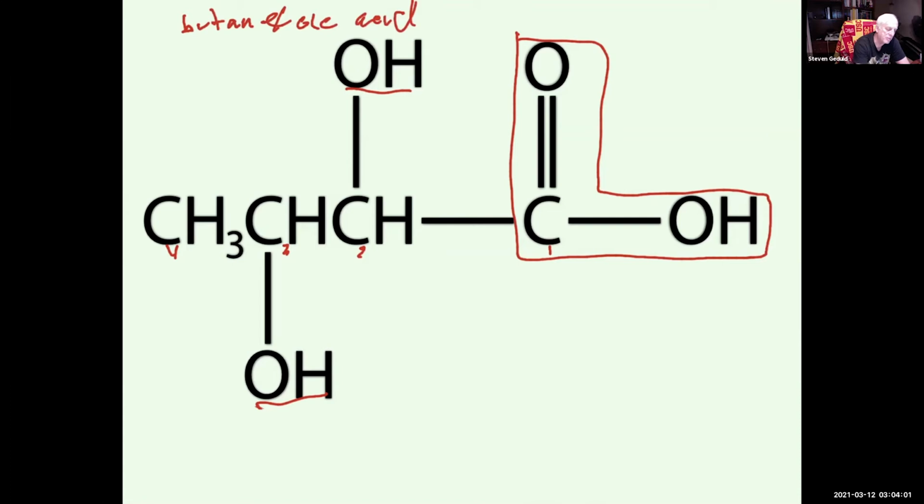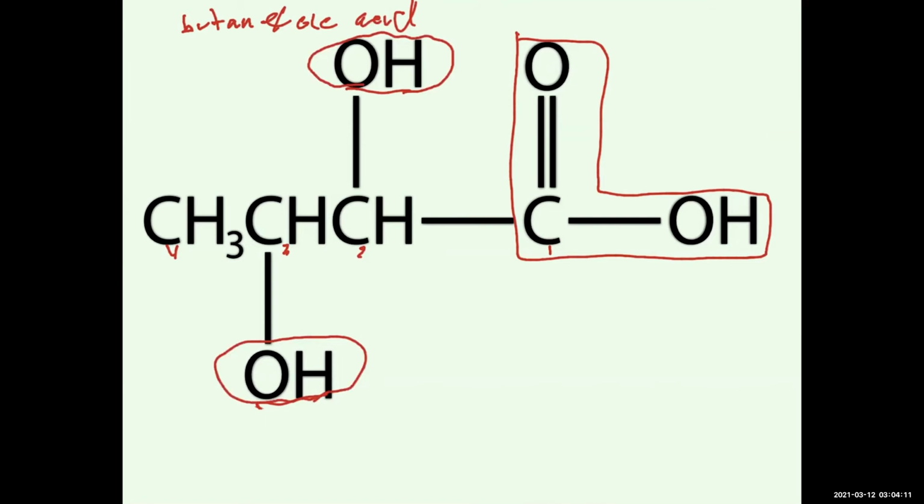What do we call an OH group when it's an attachment and not an alcohol? When it's an alcohol, we put an ol at the end. When it's a substituent, we call it what? Hydroxy. Perfect, hydroxy group. So we have 2 and we have 3. And we have dihydroxy. Those are 2 hydroxy groups attached. Butanoic acid.